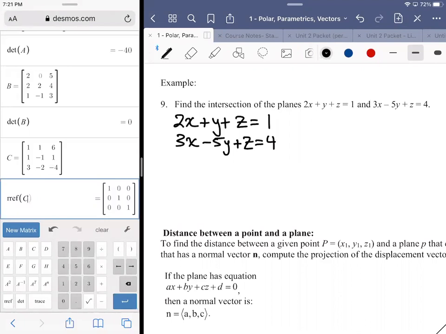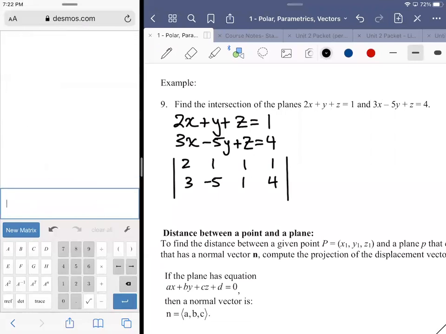So we're going to strip this down into its coefficients: 3, -5, 1, 4. This is what's going to go into our calculator. Let me clear everything and start fresh with a new matrix.